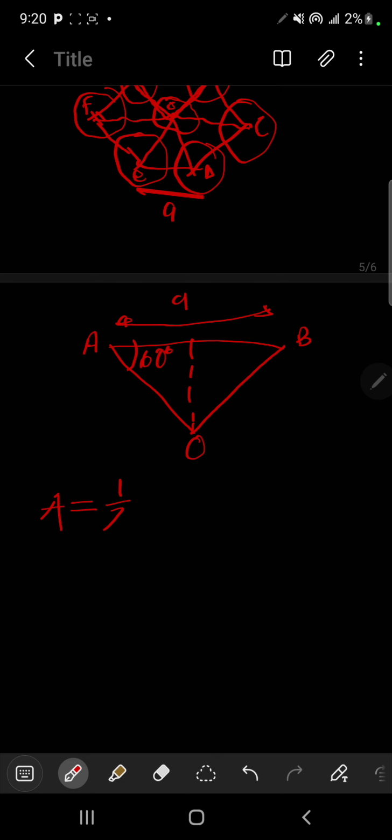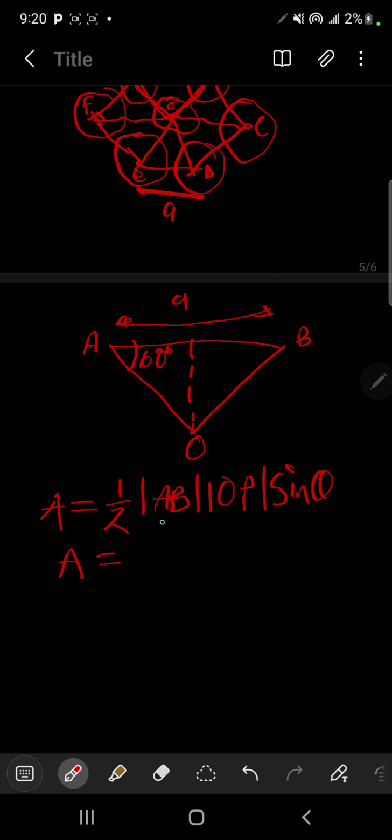So notice this is given by 1 over 2 times the magnitude of AB times the magnitude of OP, then times sine theta. This is a formula you have from your mathematics.